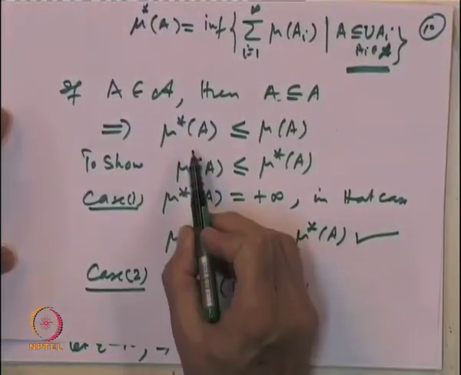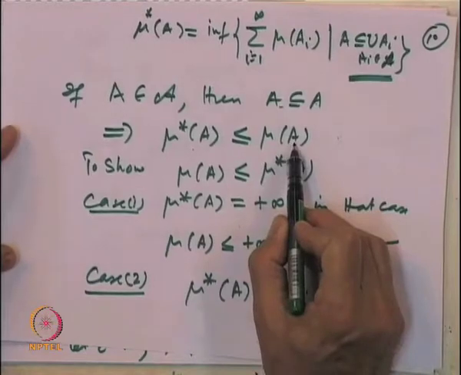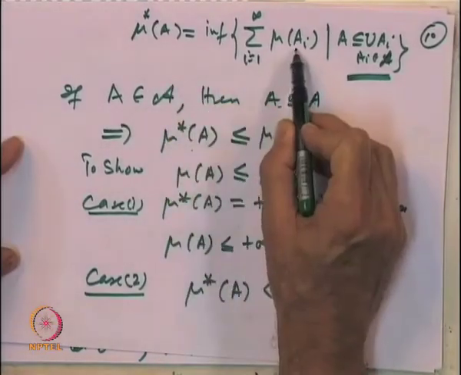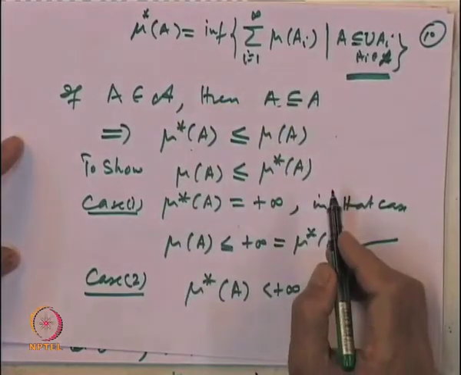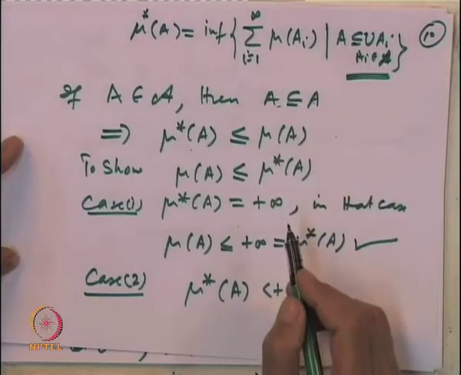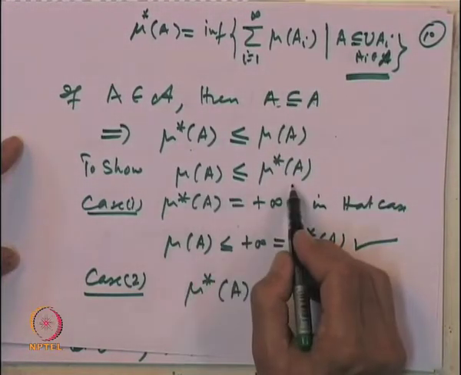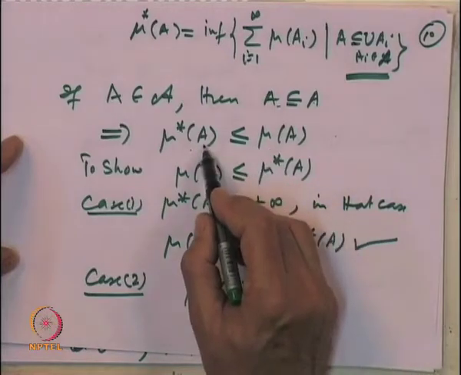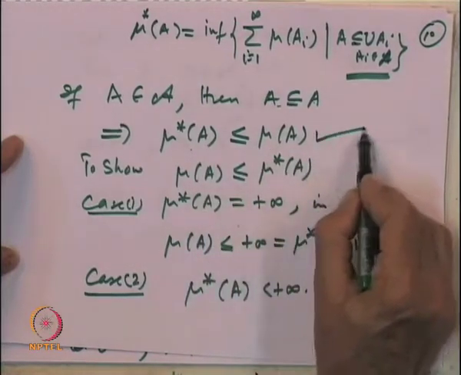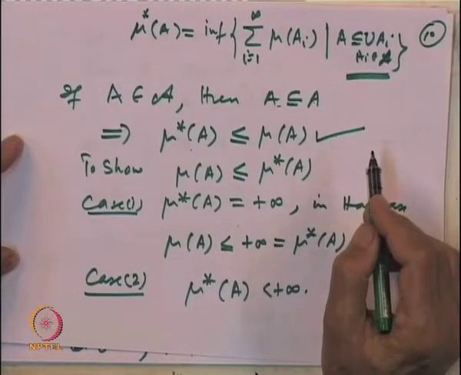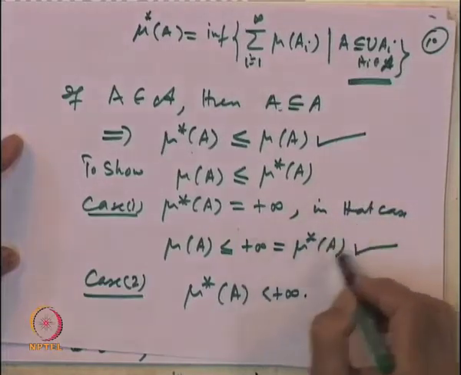So, once again mu star of A is less than or equal to mu of A, because A is one of the members which is covering it. So, mu star of A is the infimum, so that is less than or equal to, that is an obvious property. Okay.